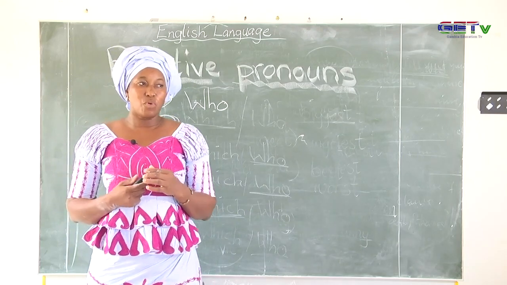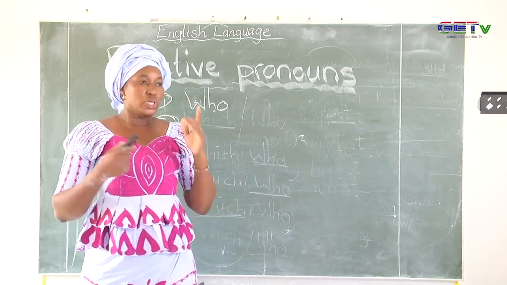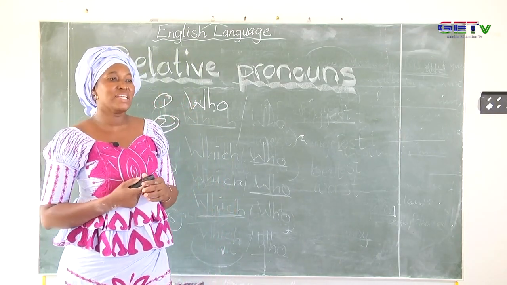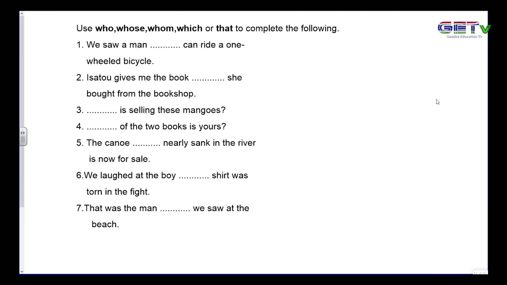Let's try number 1. We saw a man who, whose, whom, which, or that. We take who: who can ride a one-wheel bicycle.